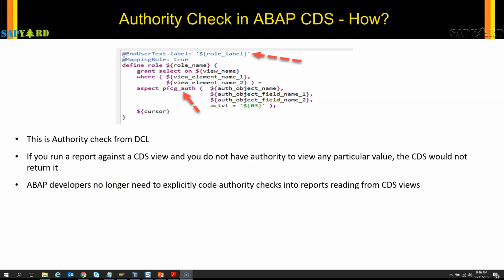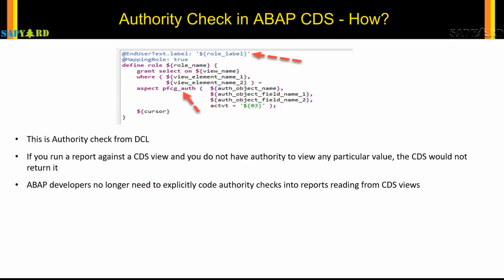One of the good advantages of the data control language is that ABAPers or programmers do not need to explicitly do the authority checks in the program. So we can get rid of the authority checks in the program. Instead, you can define the access control in the CDS itself. Whichever program calls, based on the role assigned to the user running the program, the CDS will display the data.